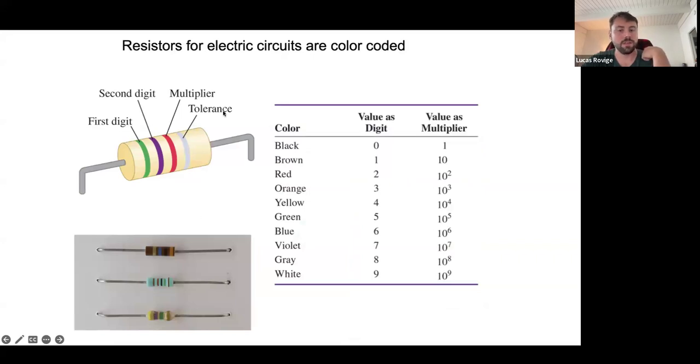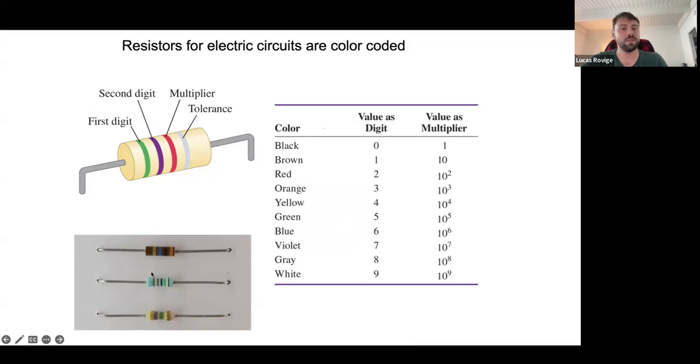So yeah, this is what I was saying about the color coding of resistors for electric circuits. It's pretty easy to apply. You have a rule, and depending on the value as a digit, the first digit here gives you the multiplier, and then depending on the color, you can use the resistance.